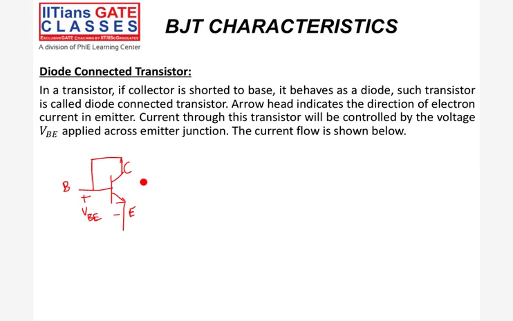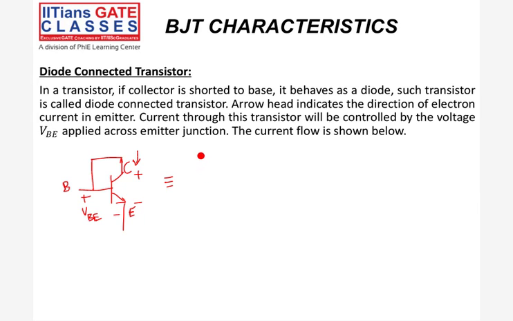With respect to this only I'll take it. And I'll see here current is flowing in this direction. So this transistor is nothing but a PNP transistor, sorry, an NPN transistor.